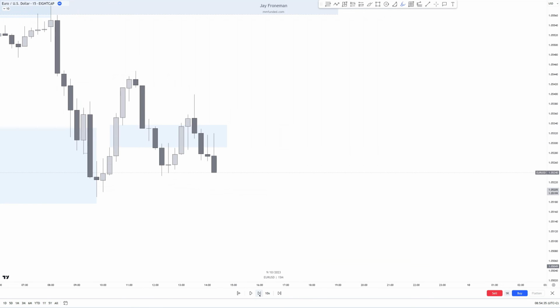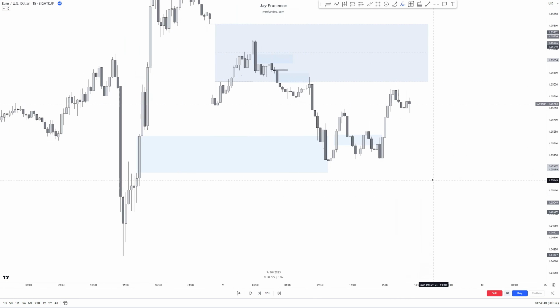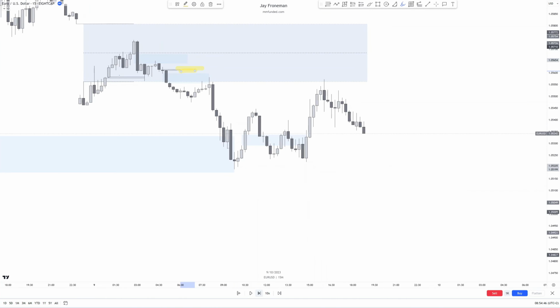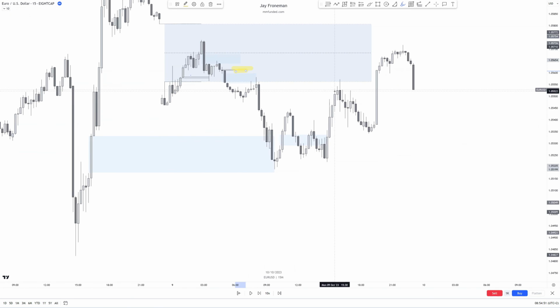Okay, mitigation of that gap. Price continuing in the expectational direction from there to potentially fulfill these older areas of volume imbalance. Okay, and price has now fulfilled that volume imbalance. Price busy reacting off of this older fair value gap over here.